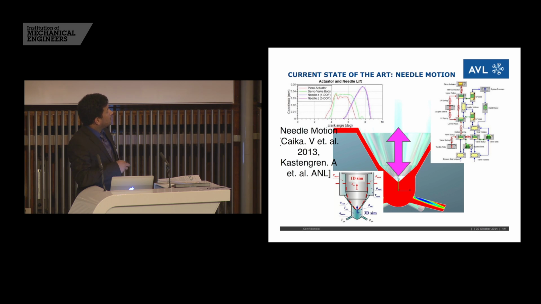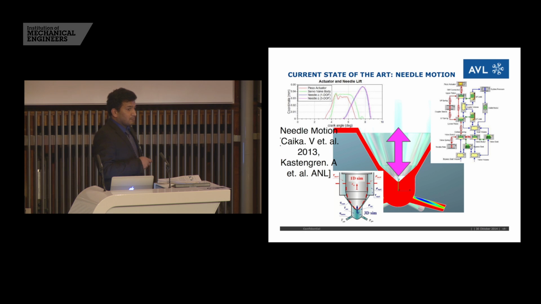These are some of the results also from the literature, and I have also included some recent numerical and experimental work, especially this work from Argonne National Laboratory. So these are the main components that come to mind when we study a fuel injection system.